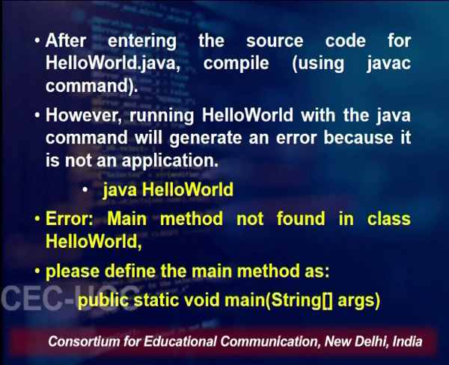There is no syntactical error in the program, so the file was compiled and the class file was generated. But when you try to run that class file, it can't be run, because execution of a program starts from the main method, and the main method is not found in the class, because this is an applet. So that is why this error.